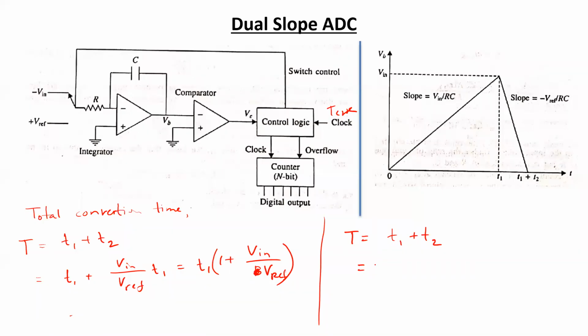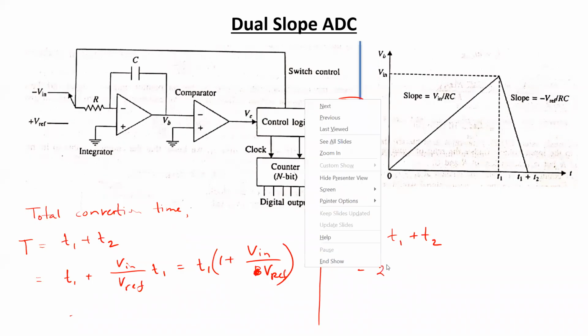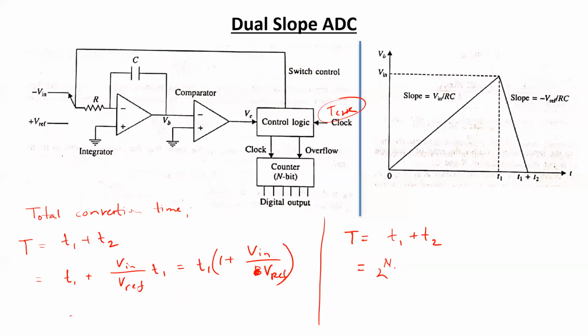The representation of T1 in terms of the period of the clock pulse, as already mentioned in one of the previous slides, is 2 to the power n multiplied by T clock, plus T2 can be represented as n into T clock. So n is the number of counts done during this duration of T2, and this would be the overall conversion time for the ADC.